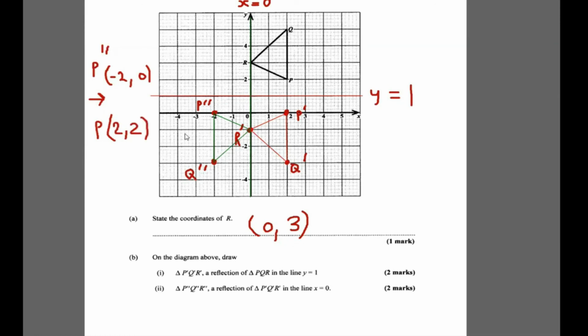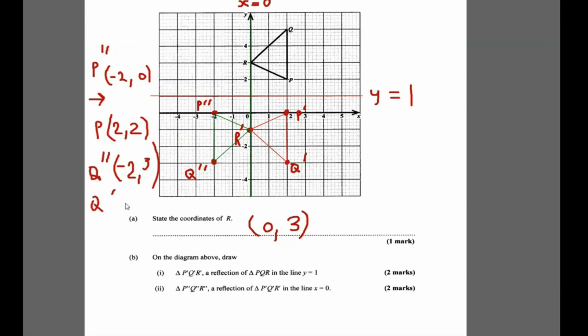All right, and then let's use Q double prime as well. Q double prime is the point -2, 3. And Q is the point 2, 5.